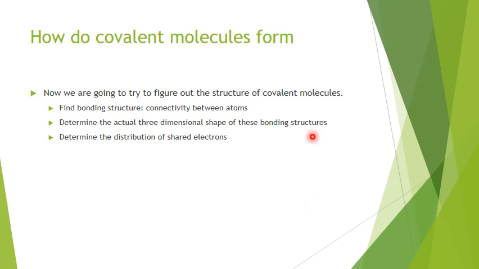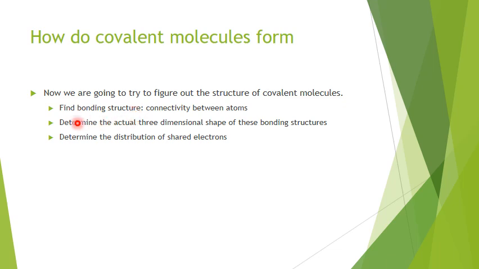All right. So now we're going to look at how they form. How does water form its particular bonding structure and three-dimensional structure? Well, we're going to try to figure this out, the structure of the covalent molecules. First thing we're going to do is find the bonding structure. What is the connectivity between the atoms?